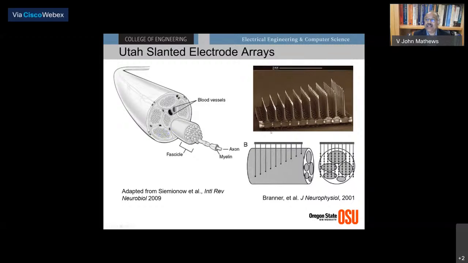So the idea is, because these electrodes are so close to each other, and because these electrodes reach different fascicles and different sets of nerve fibers, you can have an enormous amount of selectivity in what nerve fibers you record from, what nerve fibers you stimulate for sensory information, sensory feedback.